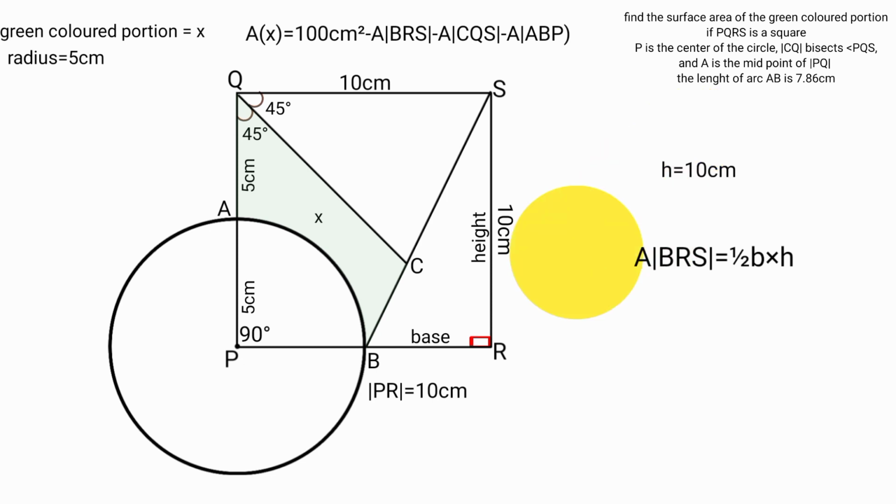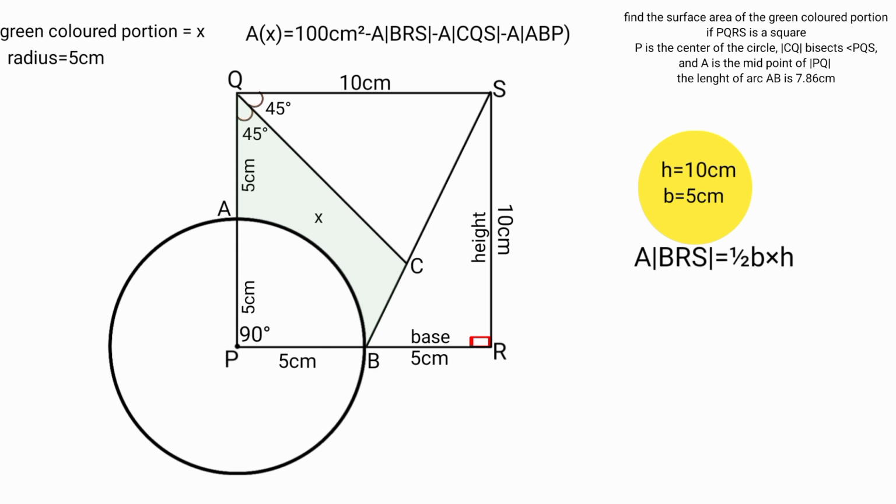So now what is the base here? If you look here, since line BP is also a radius because it was drawn from the center to the circumference, and the radius of the circle is 5 centimeters, that means line BP is also 5 centimeters. And if line BP is 5 centimeters in length, this line BR must be 10 minus 5 centimeters, which is 5 centimeters. So base equals 5 centimeters.